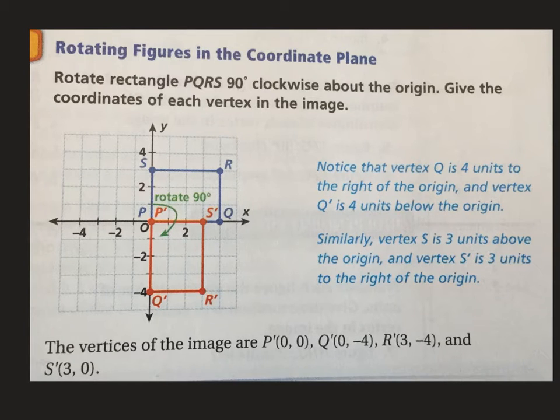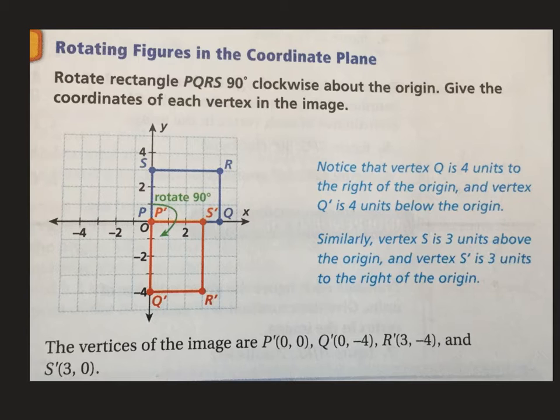Now we get to the fun part, rotations. Now, luckily right here, we're just going to be talking about usually 90, 180, 270 degrees. We're going to be doing those 90-degree rotations, so it shouldn't be too tricky. It will be a little more tricky once we start getting into like the 27 degree, 48 degree, whatever.